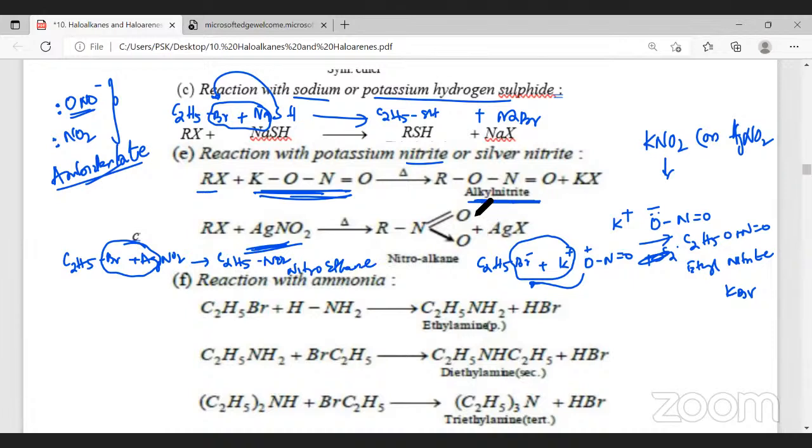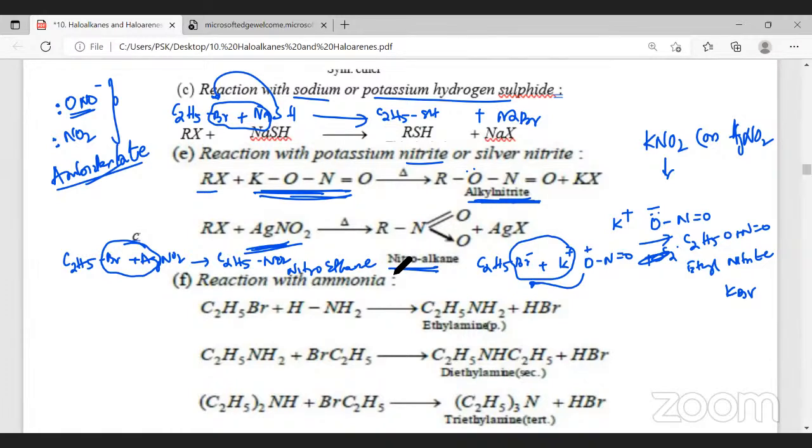See, there is a difference. When the oxygen atom is donor, it will be called nitrites. And when the nitrogen atom is donor, it's named what? Nitroalkane. Did you understand the difference, students? Yes, sir. So you should remember what type of nitrite ion has been used, whether it's potassium nitrite or silver nitrite.